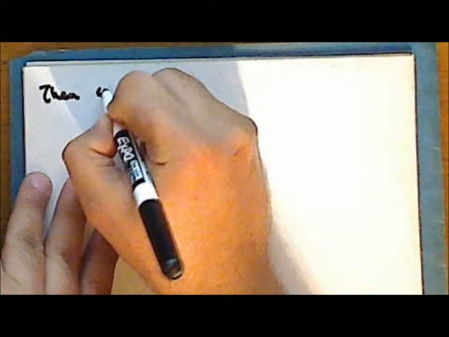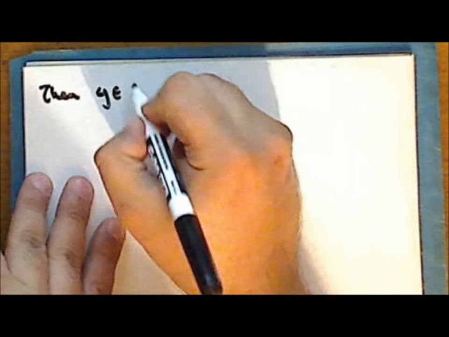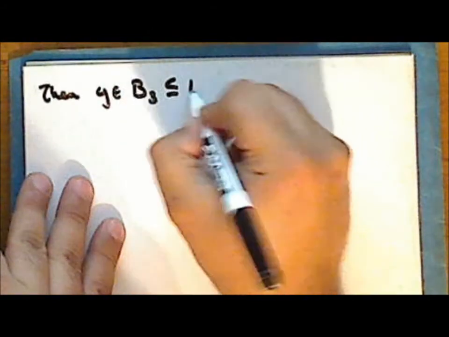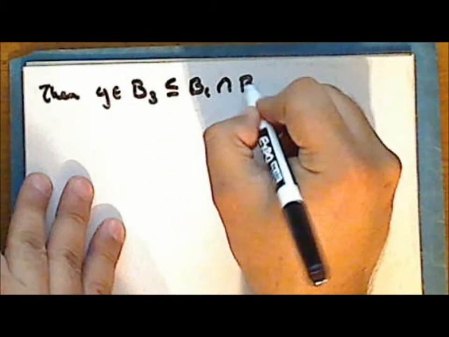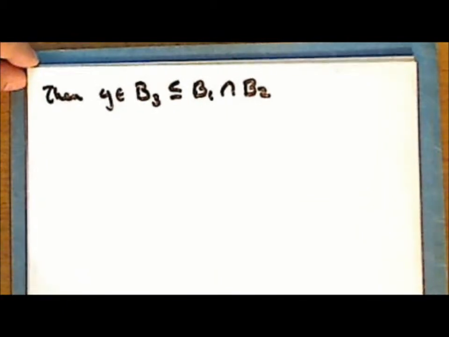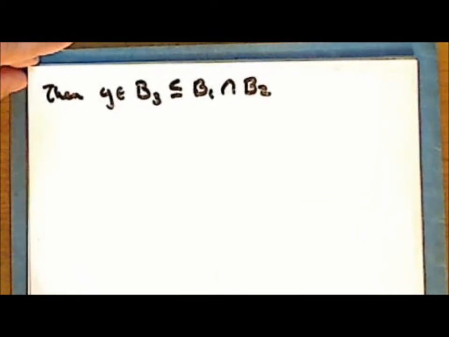Then the point Y is in the element B sub 3, which is a subset of the intersection of B sub 1 and B sub 2. So the second condition for a topology generated by a basis is satisfied.